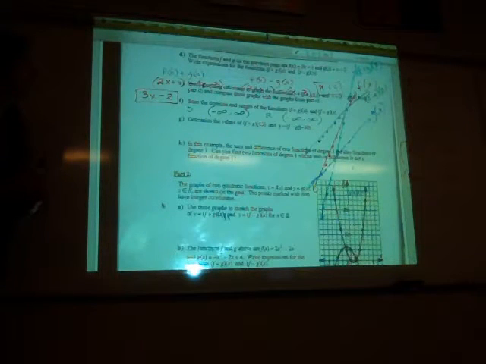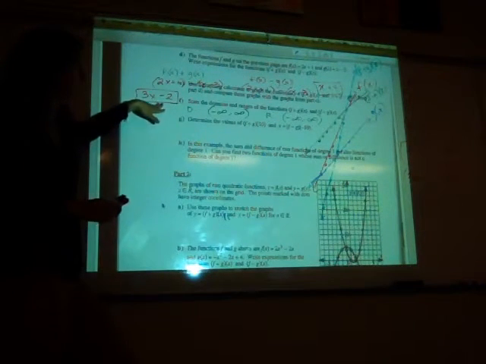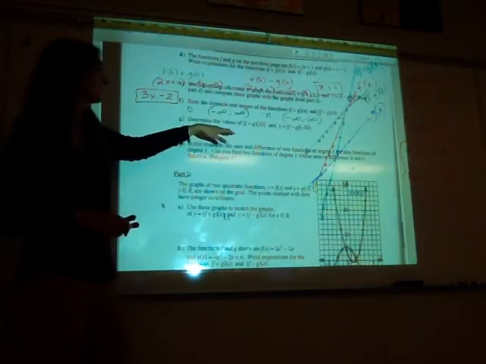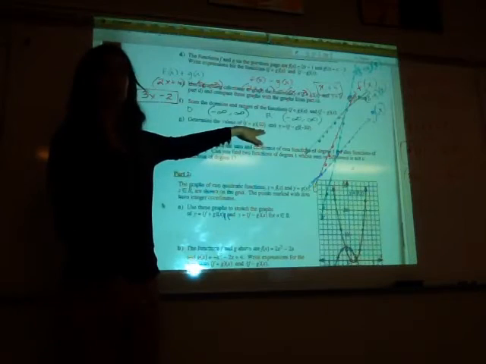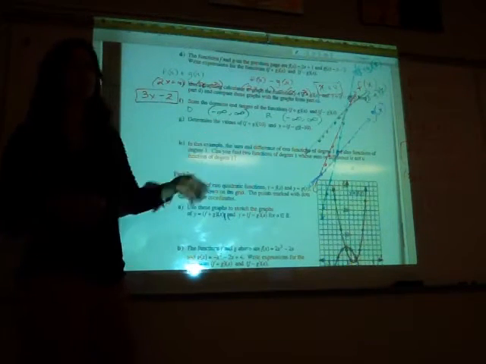And now that we know what the functions f of x plus g of x as well as f of x minus g of x are, what we can do for part G is we can apply a number or a value for x and just evaluate.